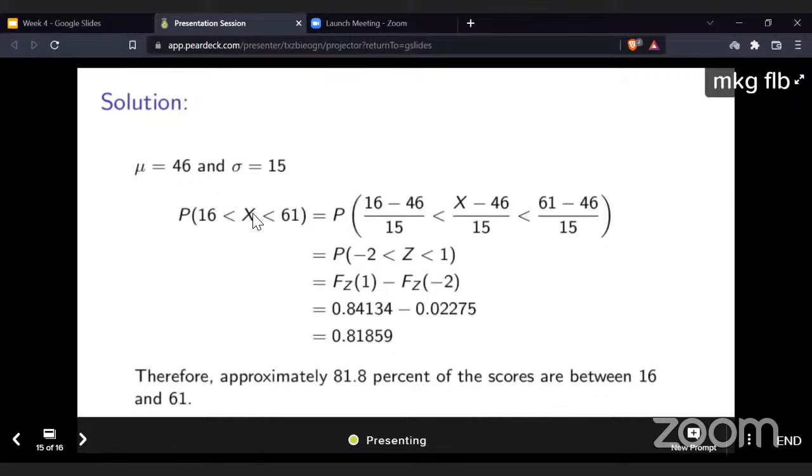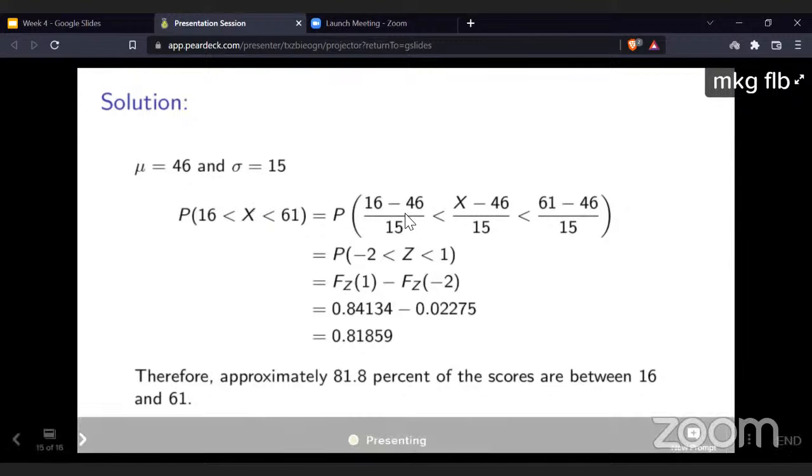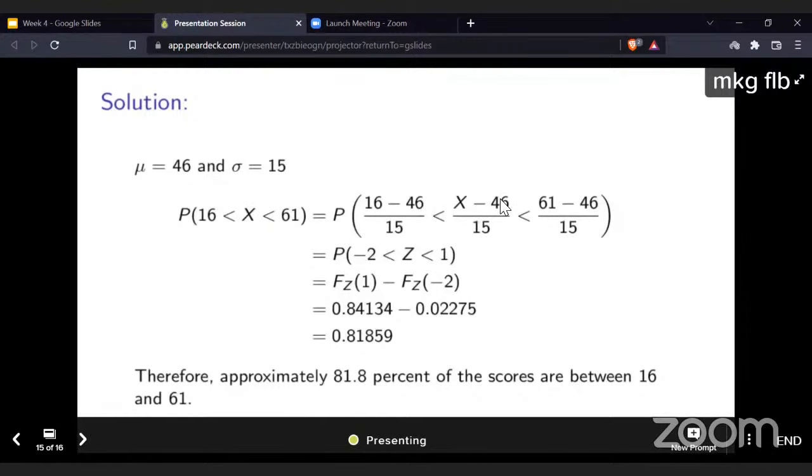So what we do is convert this random variable x into the standard normal random variable, that is capital Z. We can do that by subtracting the mean from x and dividing by its standard deviation. Same thing we have done here. We subtracted 46 from x and divided by the standard deviation, 15.